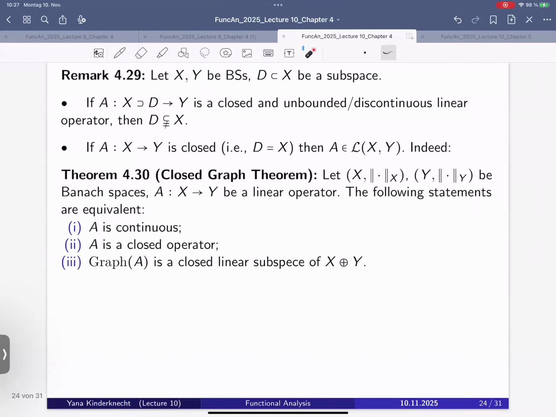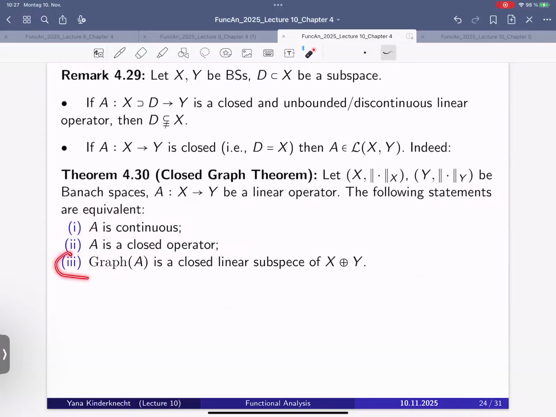So this theorem is the closed graph theorem, the theorem which we are going to present in this section. Let X and Y be Banach spaces, and A be a linear operator from X to Y, defined on the whole X. Then the following statements are equivalent. First, A is continuous, equivalently bounded. Second, A is a closed operator.